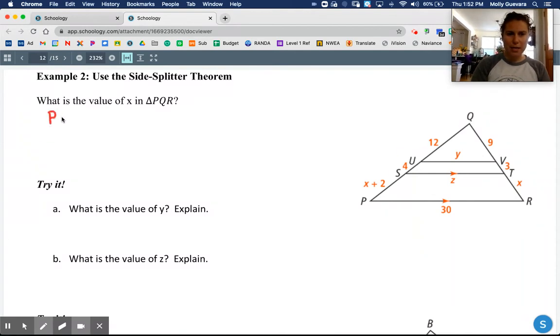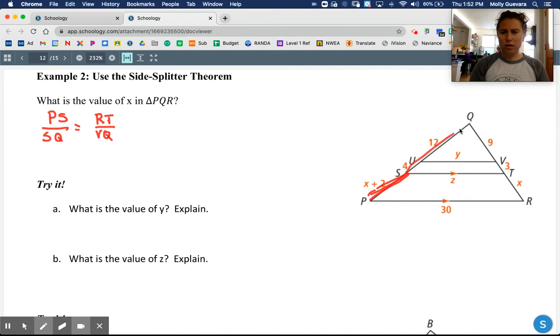I can say that PS over SQ is equal to RT over VQ. This short end over the long end is proportional to the short end over the long end.